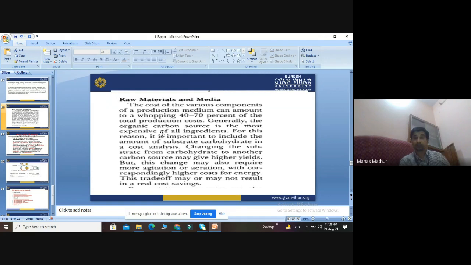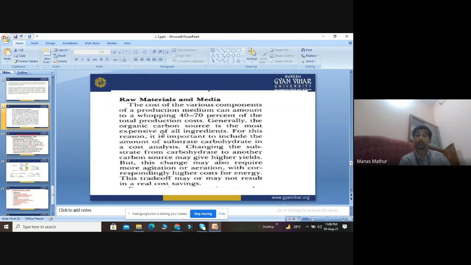But this change may also require more agitation or aeration, with correspondingly higher cost for energy.